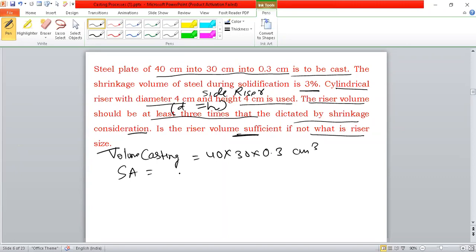You can calculate 2AB: 2 into 40 into 30, plus 2 into 30 into 0.3, plus 2 into 0.3 into 40. This is the surface area of the casting.